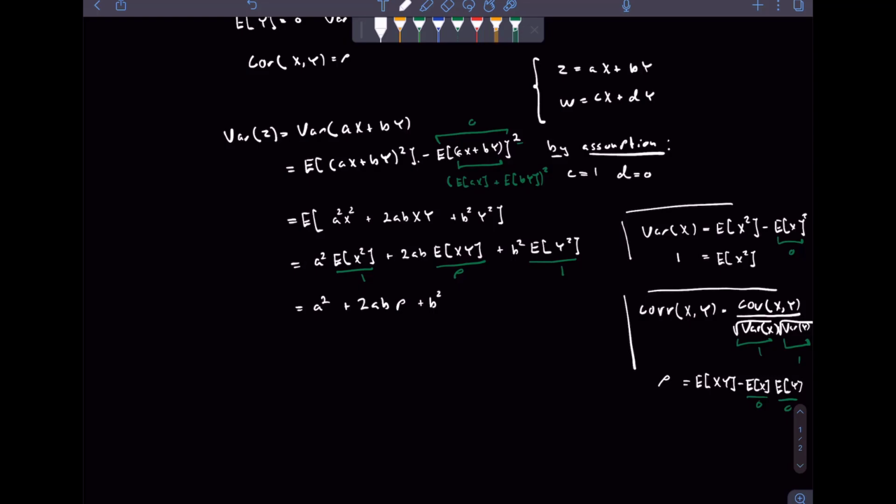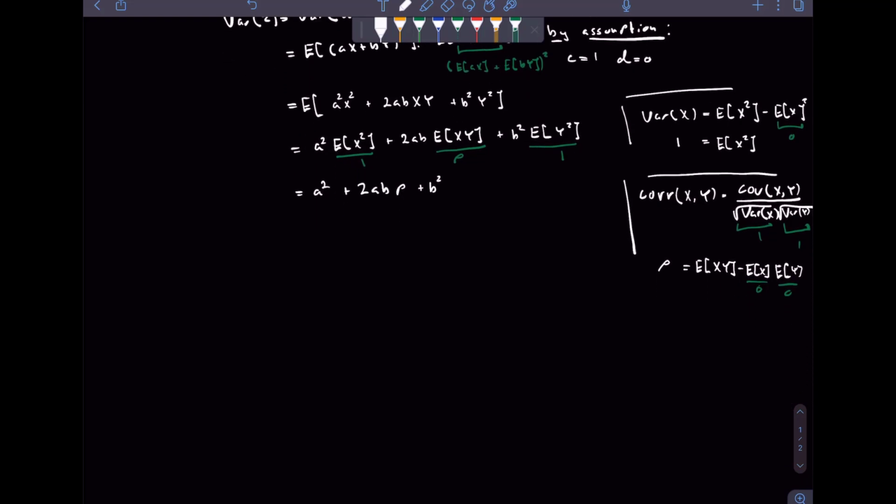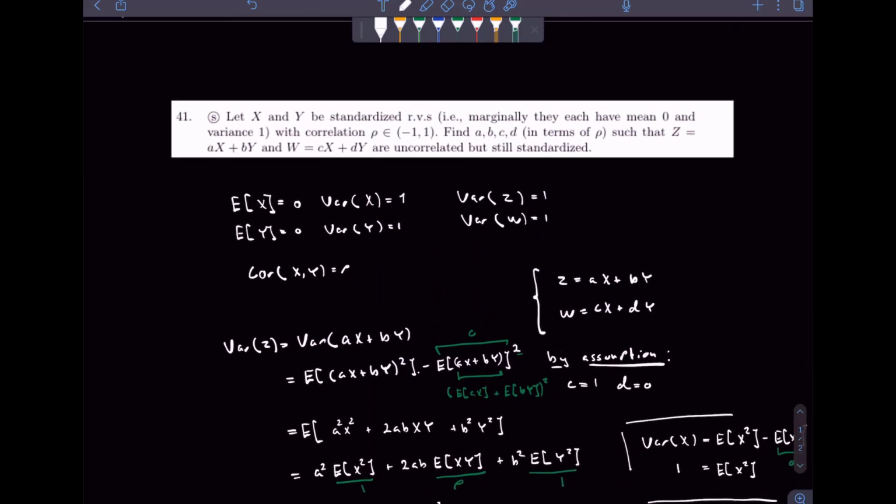And let's figure out what the correlation between Z and W is. This will yield the second equation in our system of equations. We're also given the information that they should be uncorrelated.